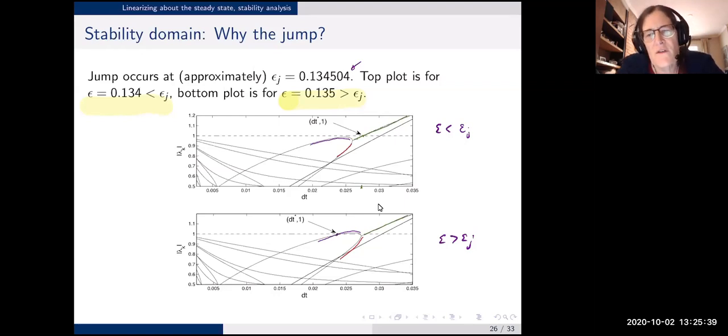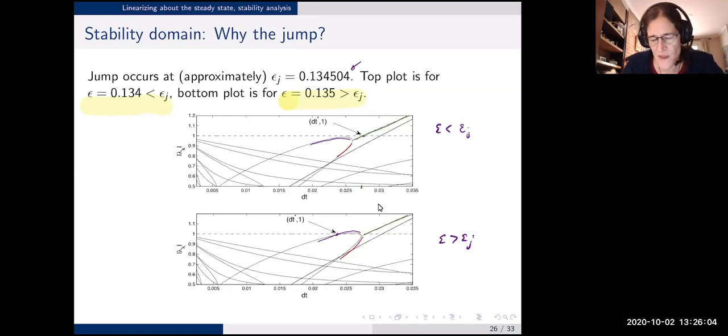And so it's sort of like you've got a narwhal, and the trunk of the narwhal is breaching the surface in the upper plot. But then as the narwhal's head gets closer, it's the narwhal's head which is breaching the surface. And so this is why there's a jump, because there are these two branches.